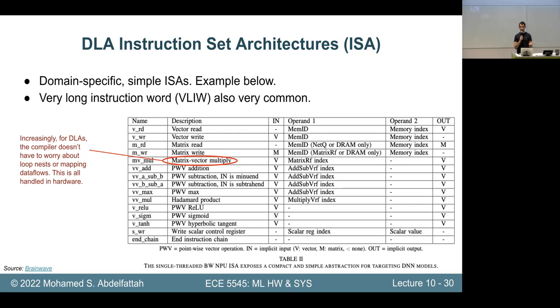And sometimes the hardware doesn't have all of the instructions. I've seen accelerators where they only support matrix vector multiplication or vector-vector multiplication. For example, the Groq TSP is like that. And so the compiler would then have to lower a convolution into different matrix vector multiplications, like we saw in the previous lecture for the image-to-column algorithm. So the compiler would be in charge of that instead of a user writing it themselves.